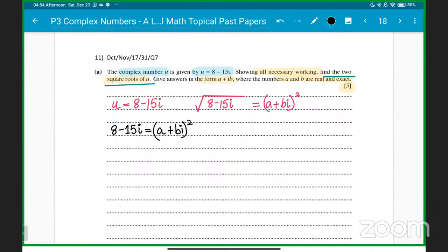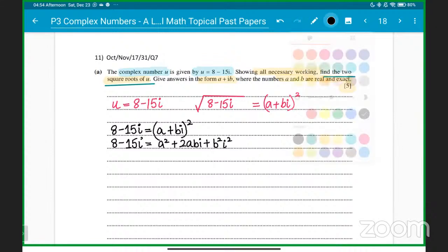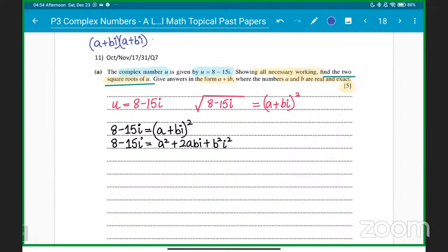Okay, so here we go. Start solving. 8 minus 15i will be compared with a plus bi whole square, so it will be a square plus 2 times a times bi, or simply 2abi, plus b square i square.